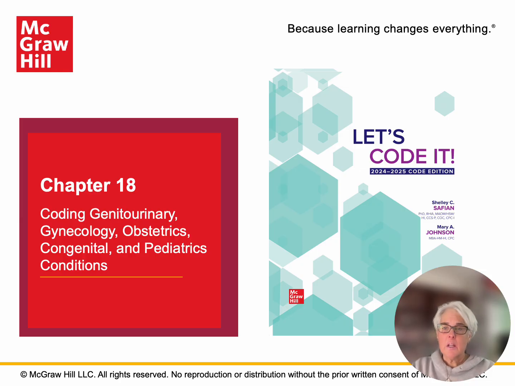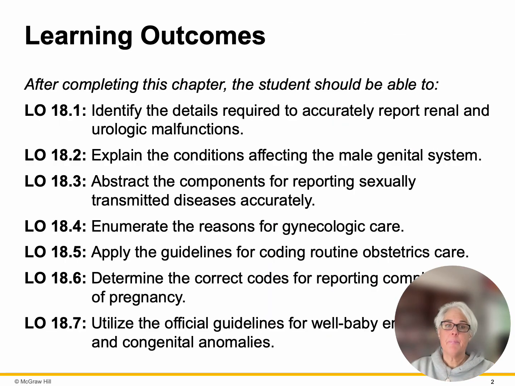As I go through the slides, I'll keep bringing us back to what details matter for the code selection and how this shows up in real documentation. So for our learning outcomes, again, this is our roadmap for the chapter. By the end of the chapter, you should be able to code common kidney and urinary disorders, male genital conditions, and STDs.